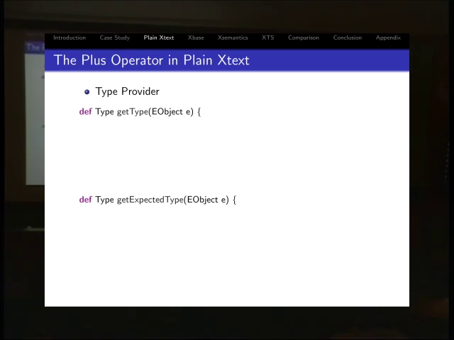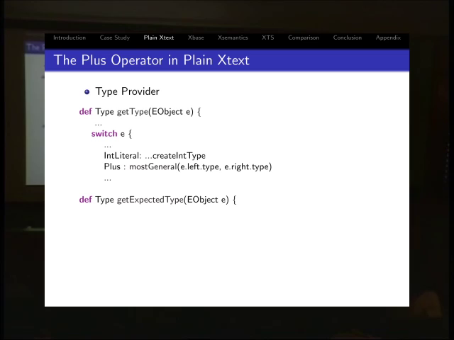So the type provider has to answer what actual type is my language model element. For example, if I have a language model element which is an int literal, it's just an integer type. If I have in my language a plus operator, the actual type of the plus operator is the most general type of its operands, but which also could be object.